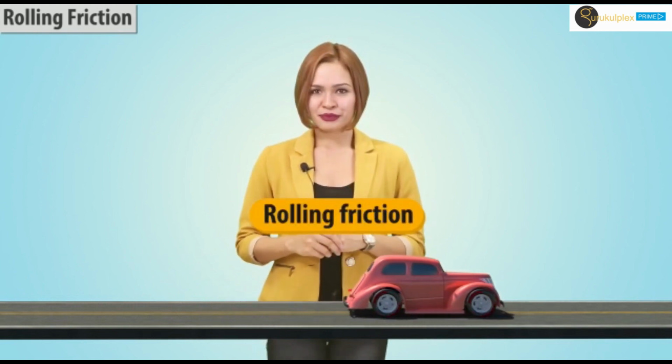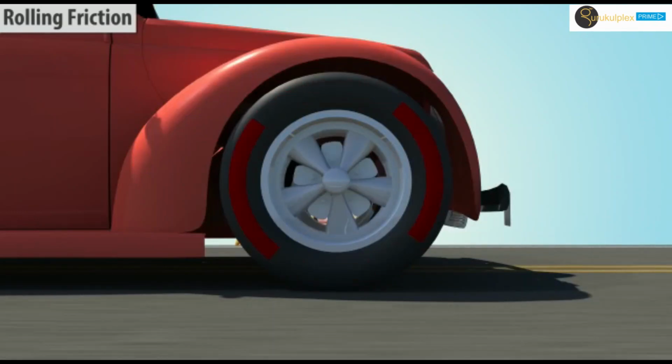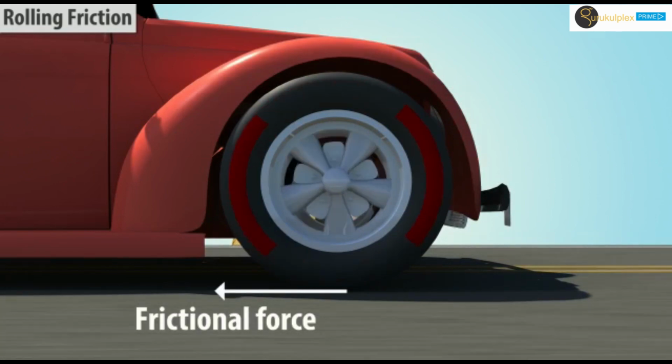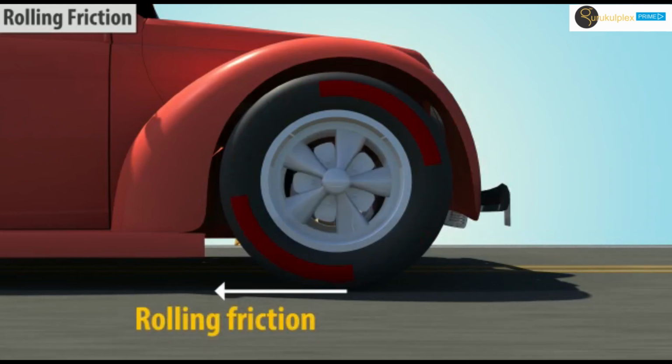Yes, it is known as rolling friction. This is because the wheels on the toy car rotate on the surface. And students, when one surface rotates as it moves over another surface without sliding or slipping at the point of contact, then the frictional force that acts on it is termed as rolling friction.